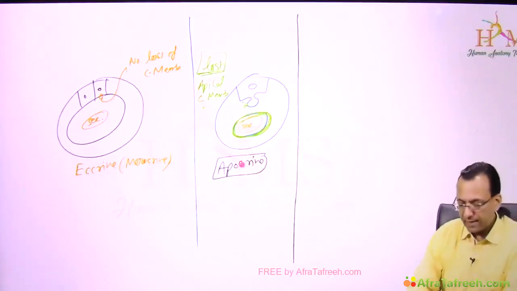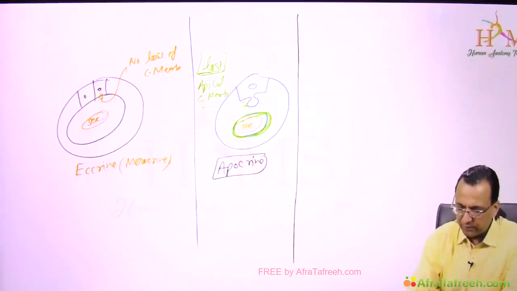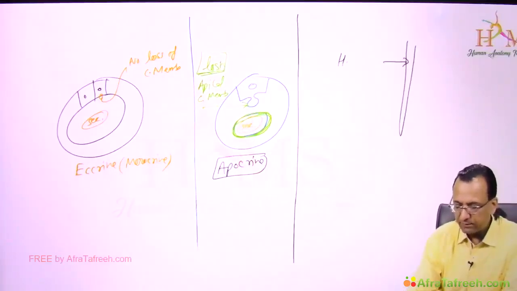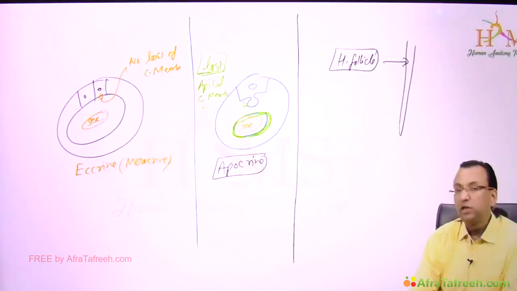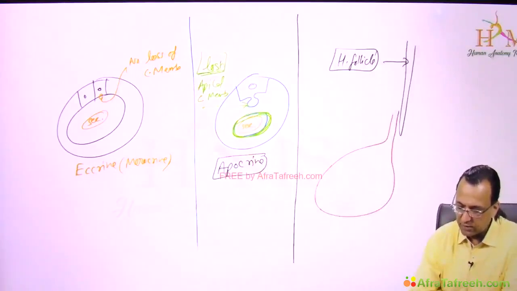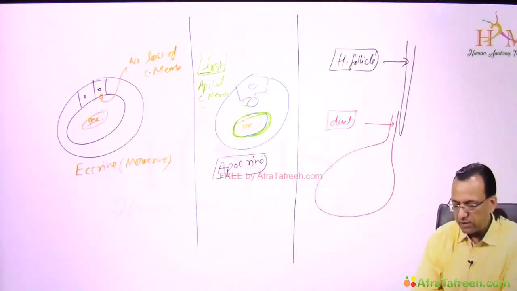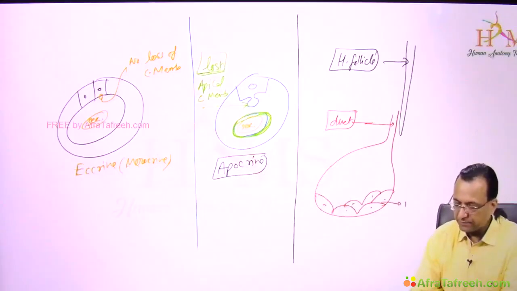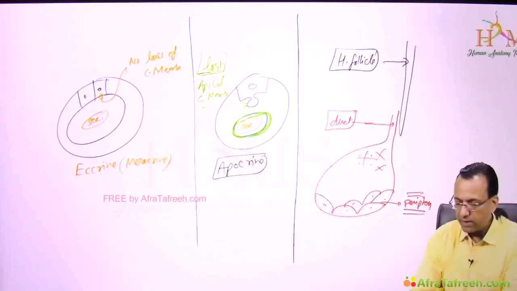What about the holocrine? For holocrine, you can take the example of a hair follicle. This is the hair follicle, and the gland associated with it is the sebaceous gland. This is the duct of the sebaceous gland. Near the duct you will see loss of entire cell membrane. At the periphery the cells are intact with membranes, but towards the duct the nuclei are lost and the cell membrane is also lost.